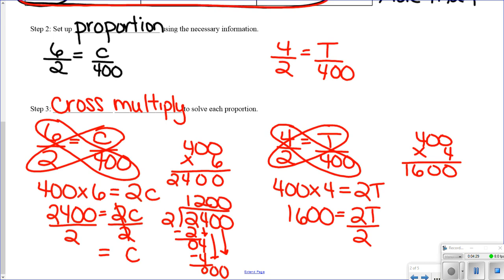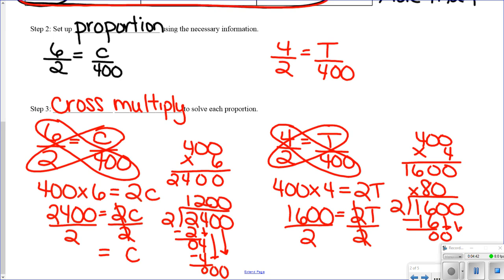Divide both sides by the 2. 1,600 divided by 2 is 800 trucks.